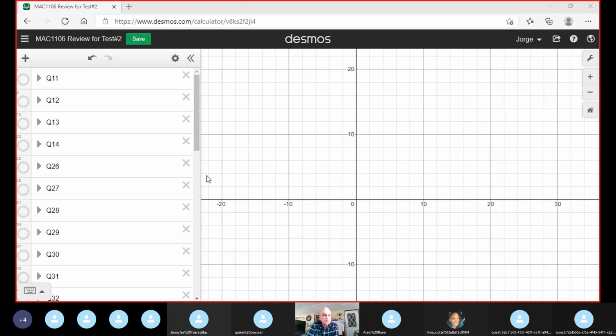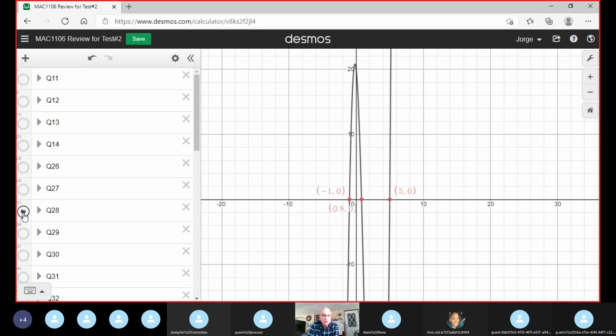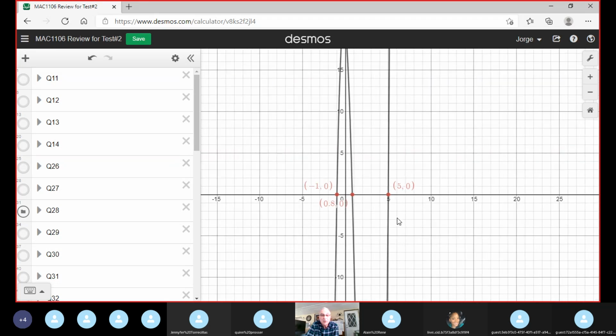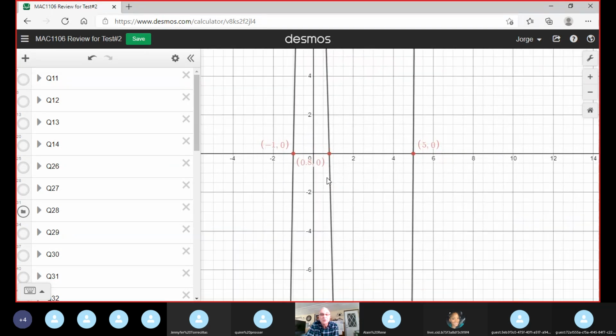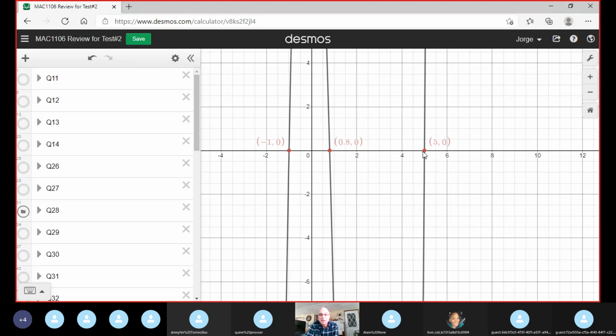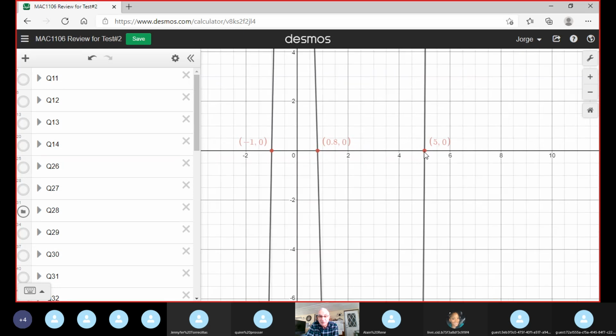Okay, 28. Look at the graph of polynomial 28. I can see clear, like water, that 5 is a zero. The zero is 5. Another zero is 0.8, but 0.8 is a decimal.